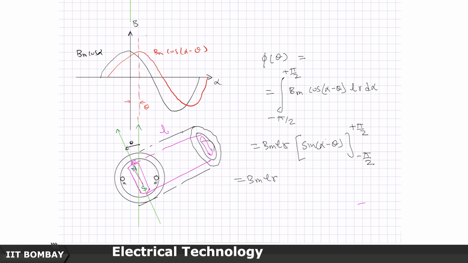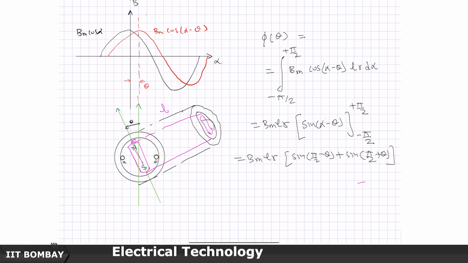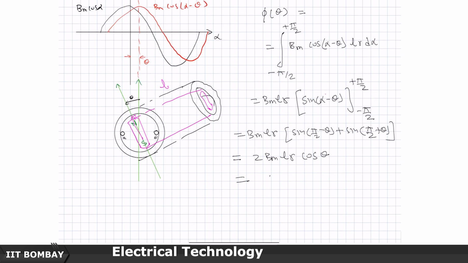So, this is Bm L r sine of pi by 2 minus theta minus sine of minus pi by 2 minus theta, I am sorry, minus of minus will make it plus. So, it is going to be plus sine of theta, and so this is going to be equal to 2 Bm L r cos of theta, which is nothing but phi m cos of theta.